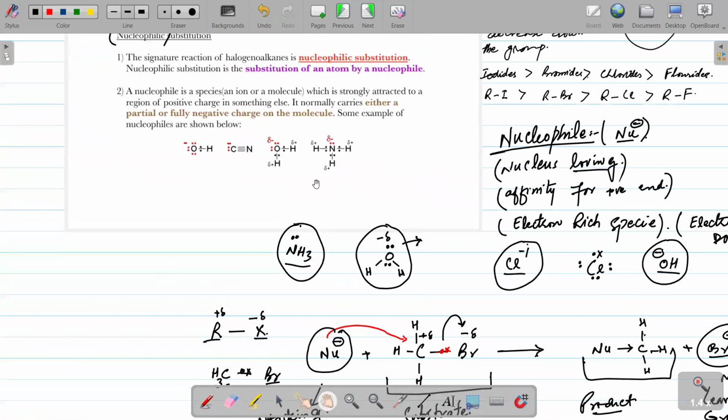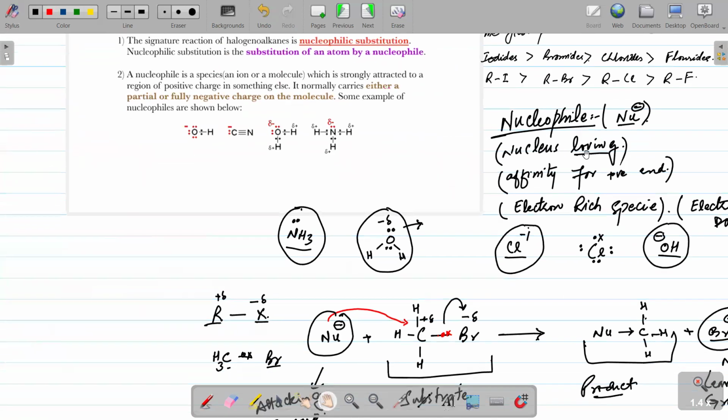Look at this. The signature reaction of halogenoalkanes is nucleophilic substitution, the substitution of an atom by a nucleophile. So what is a nucleophile? As I told you earlier, nucleus loving, which has affinity for the positive nucleus, or which is electron rich, or you can say electron donor.